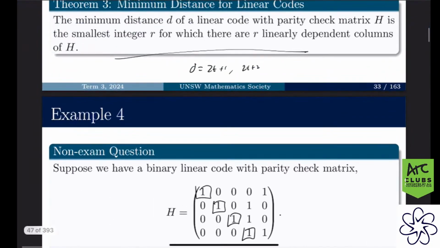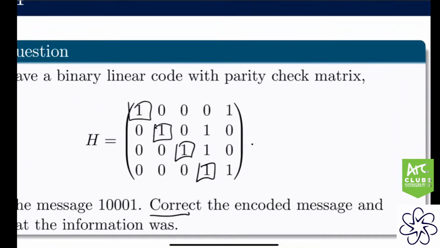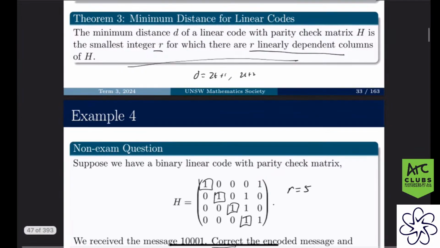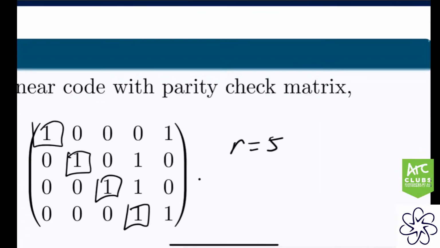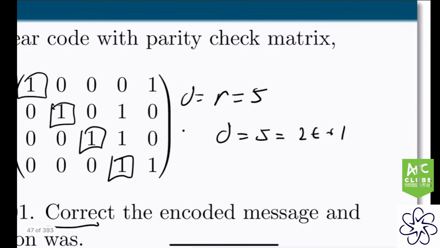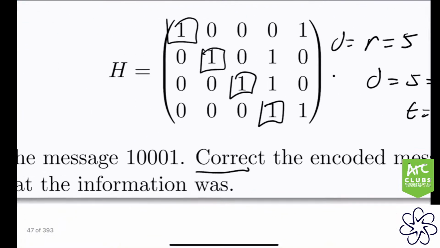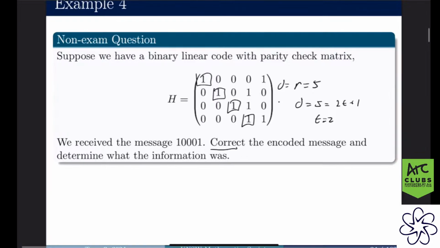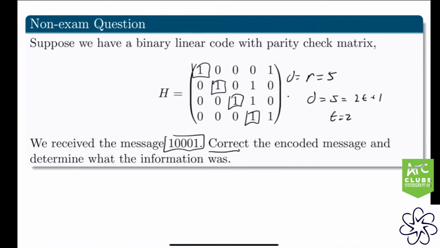So it makes sense that the smallest integer r, for where there are linearly dependent columns, is r equal to 5. And by this theorem, d is also equal to r. So d is equal to 5, which is equal to 2t plus 1. So it makes sense that t is equal to 2. So we know, at the very least, we've justified that if we correct this message, we can correct at most 2 bits.